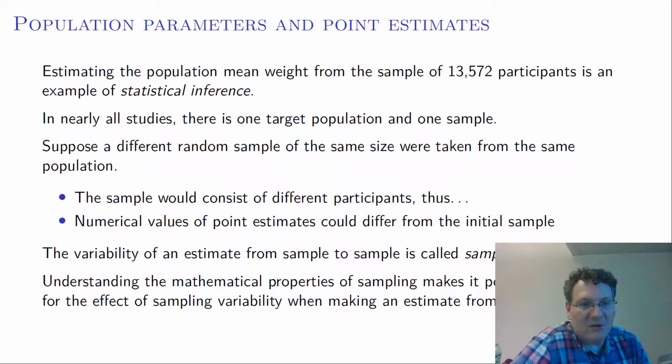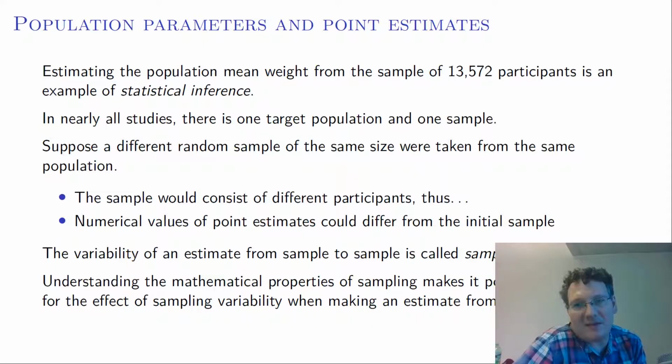One concept that's really important to think about with respect to statistical inference is that we're estimating the population parameter from our sample mean, and our sample mean is calculated from a relatively small portion of the population.